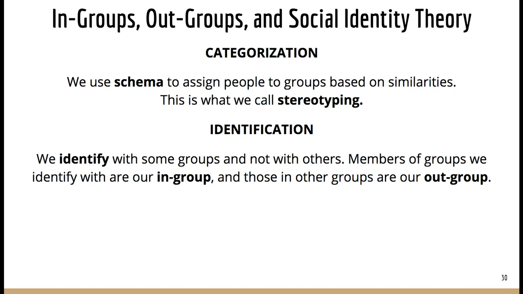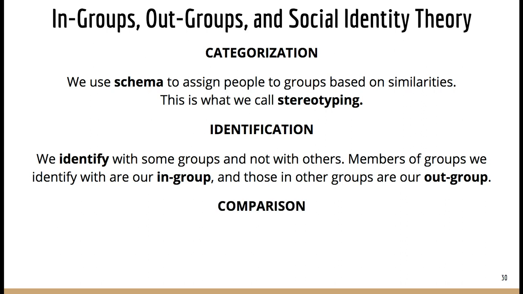Okay, so for each individual, we're going to have multiple sets of in groups and out groups, depending on a number of different factors of our identity: where we grow up, the things that we like, the activities we enjoy, the personalities we have, right? All of those things are going to shape different in-groups and out-groups.